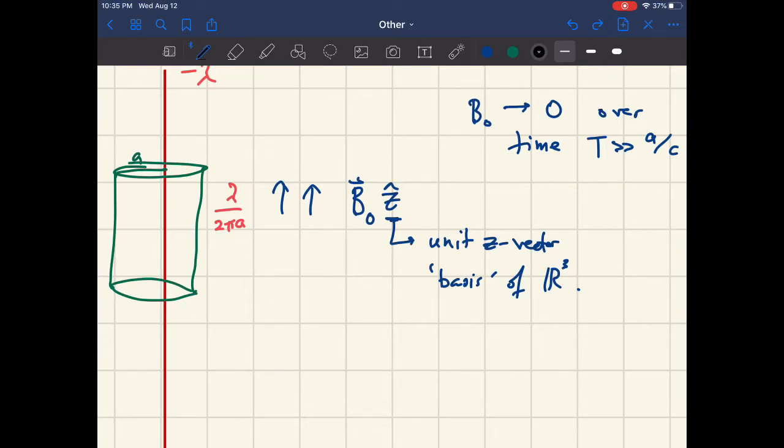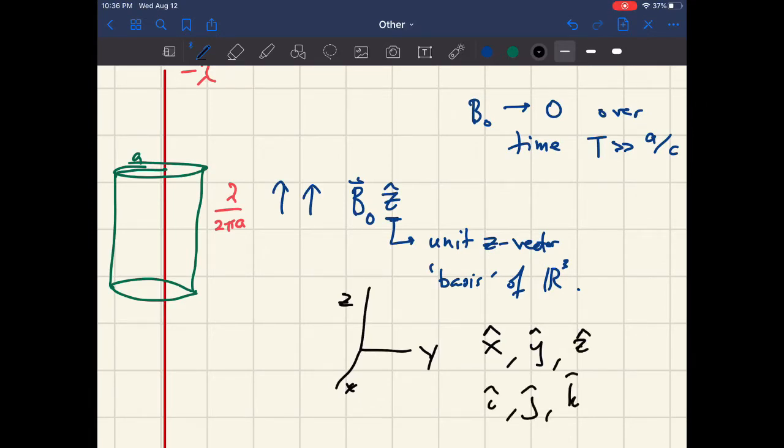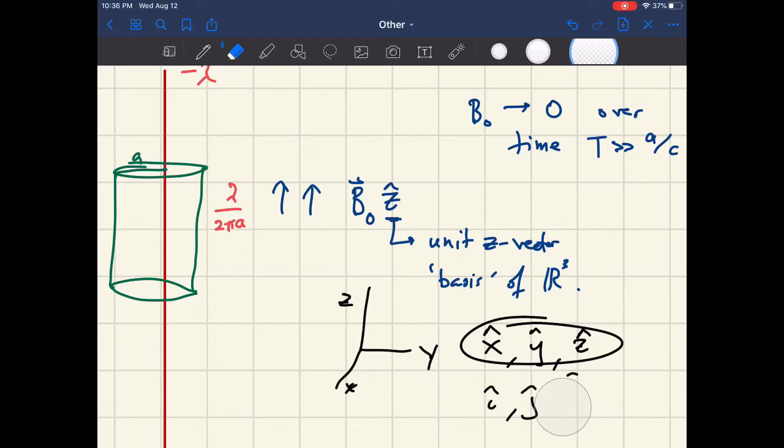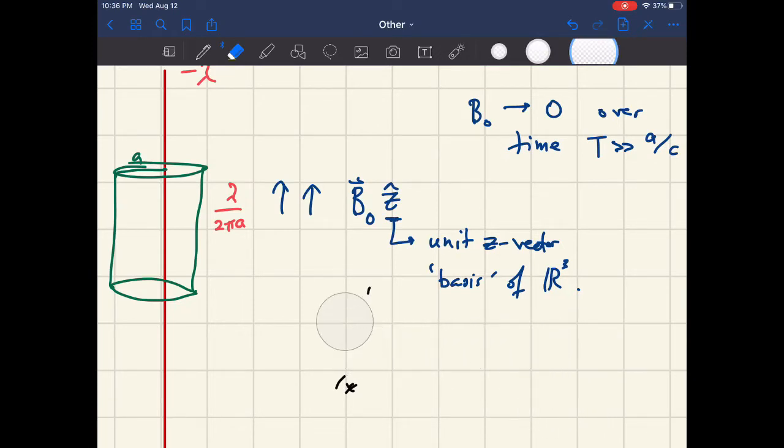As you might know, in 3D Euclidean space there are three coordinates, x, y, z, and the basis vectors for Euclidean space are x hat, y hat, and z hat. You might have seen i hat, j hat, and k hat somewhere, but that is for general spaces. For Euclidean space, you can use this. And so this is just telling you that your magnetic field is only directed in the z direction.